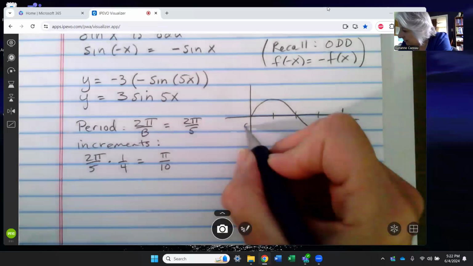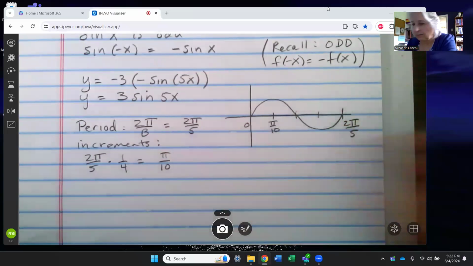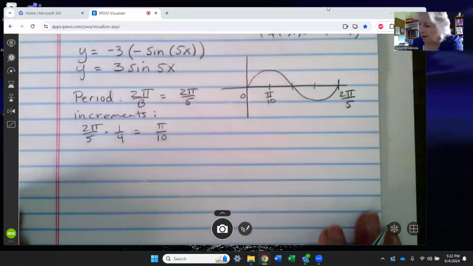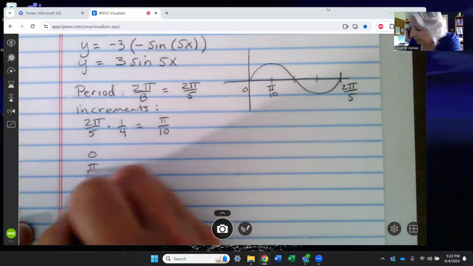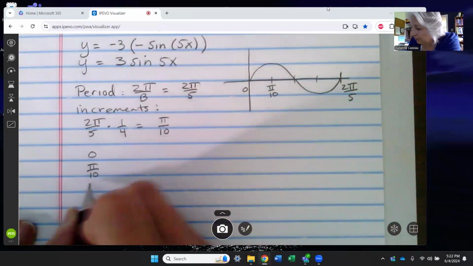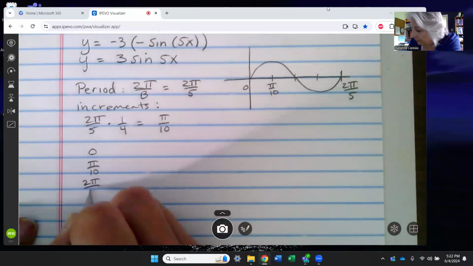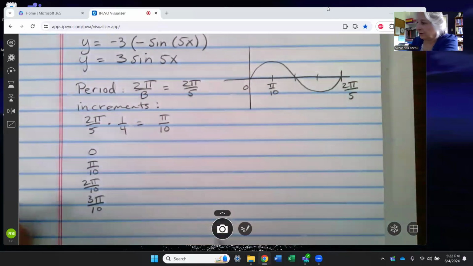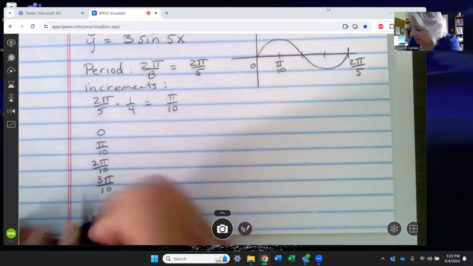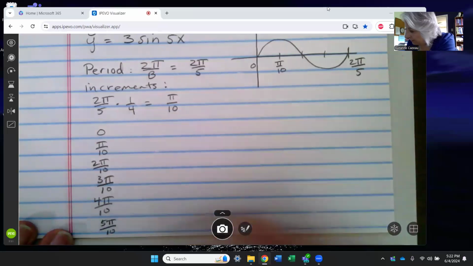So you're starting at 0 here, and this is pi over 10 here. And if you want to write it out neatly like this, 0, you've got pi over 10. And if you want, you can go 2 pi over 10, 3 pi over 10, just so you can see the pattern. 4 pi over 10. 5 pi over 10.